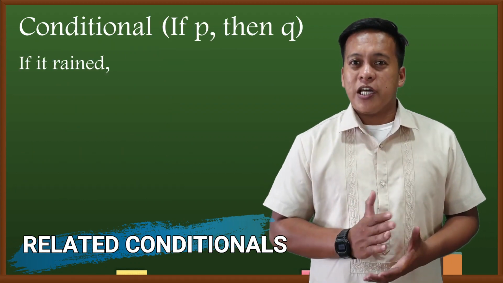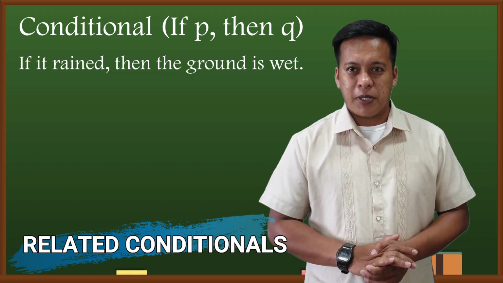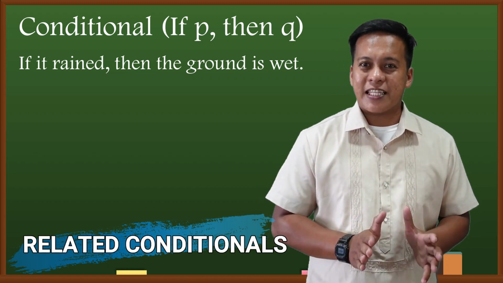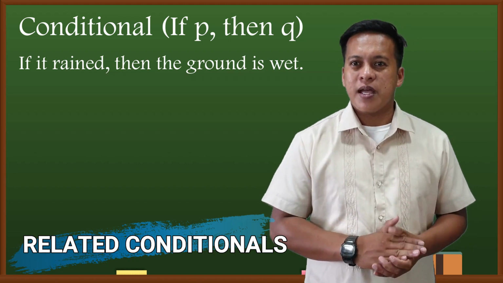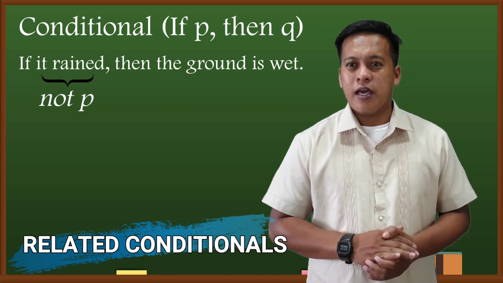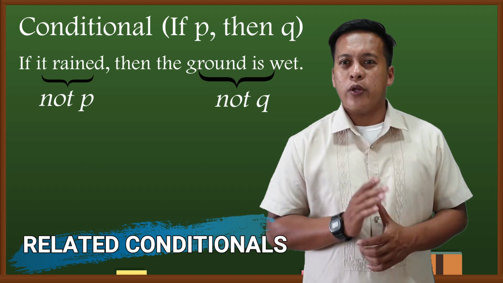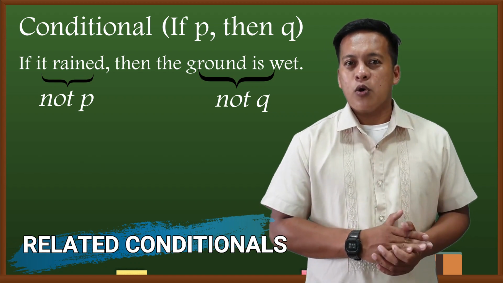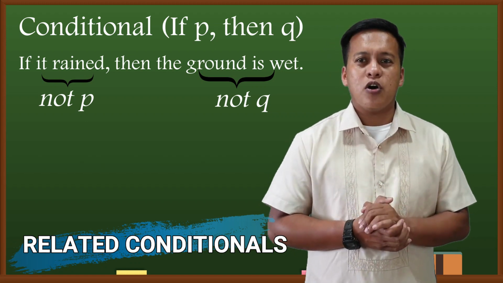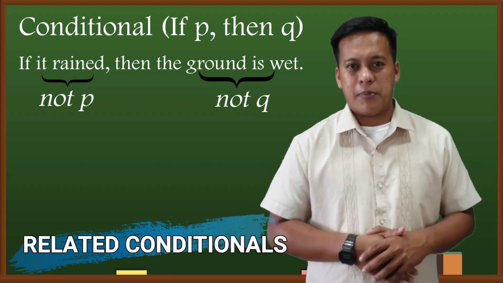To determine the inverse of a conditional statement, we will just negate the hypothesis, not P, and the conclusion, not Q. When we say negate a statement, we simply determine the opposite of that given statement.